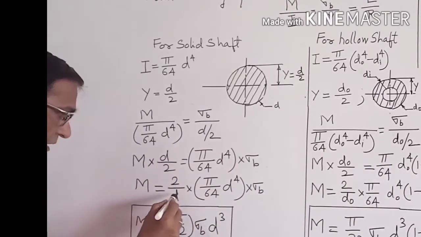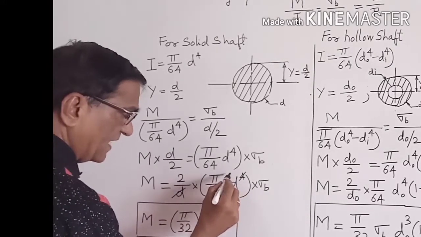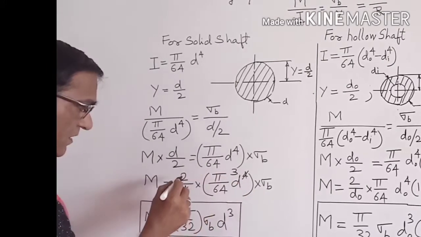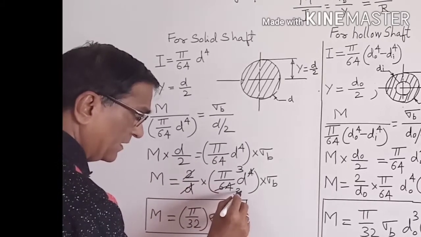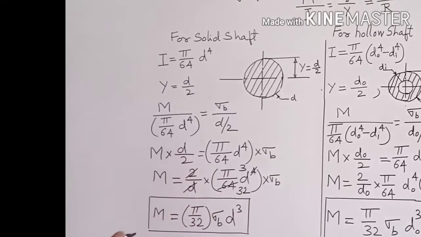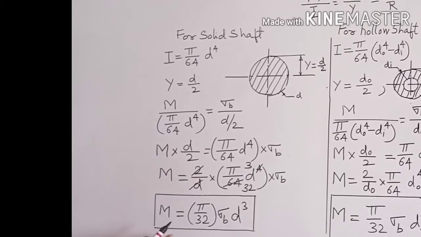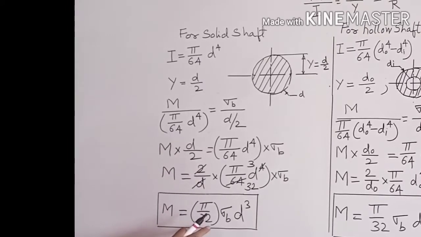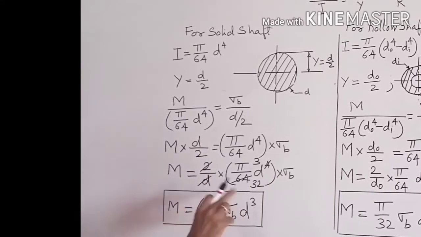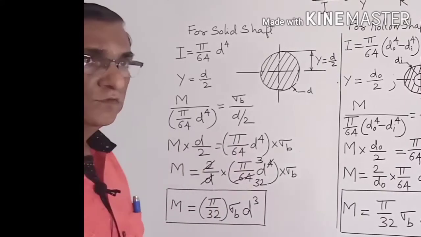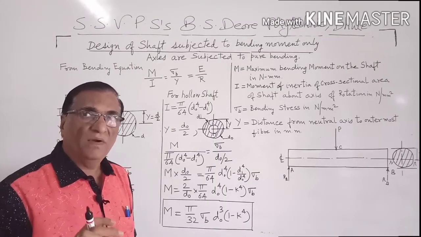Now one d will cancel, and here 3 will come, 2 will cancel. Instead of 64, 32 will come, and finally we will get this equation: M is equal to pi by 32 in the bracket sigma b multiplied by d cube. This is the final equation which is used for design of axles or shaft subjected to pure bending.